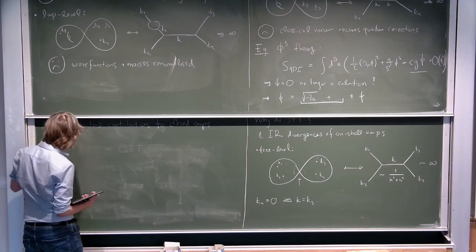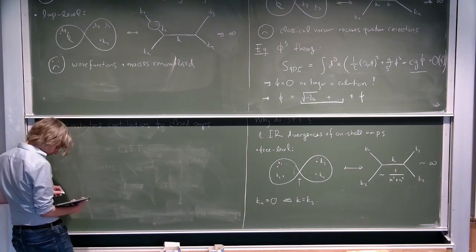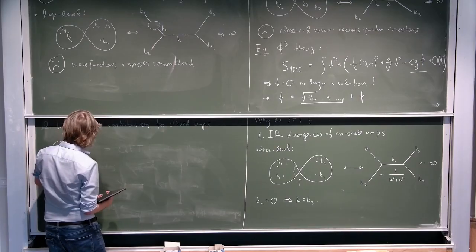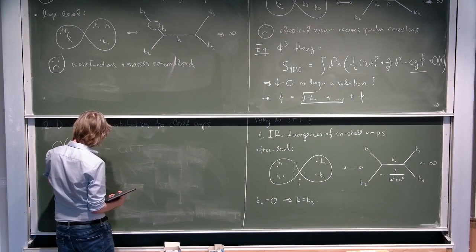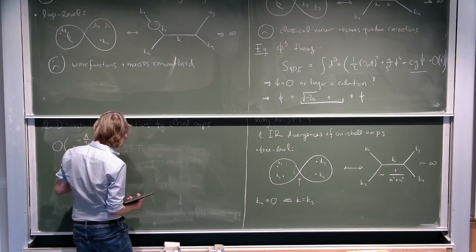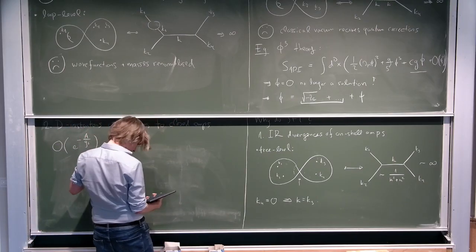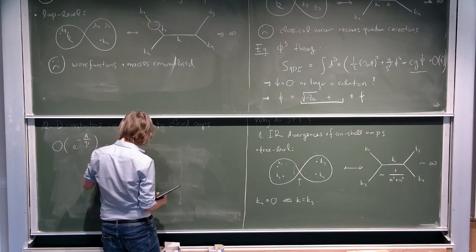So in general, these will give us corrections of the order e to the minus A over g string to the closed string amplitudes, where A is precisely the value of the on-shell action.